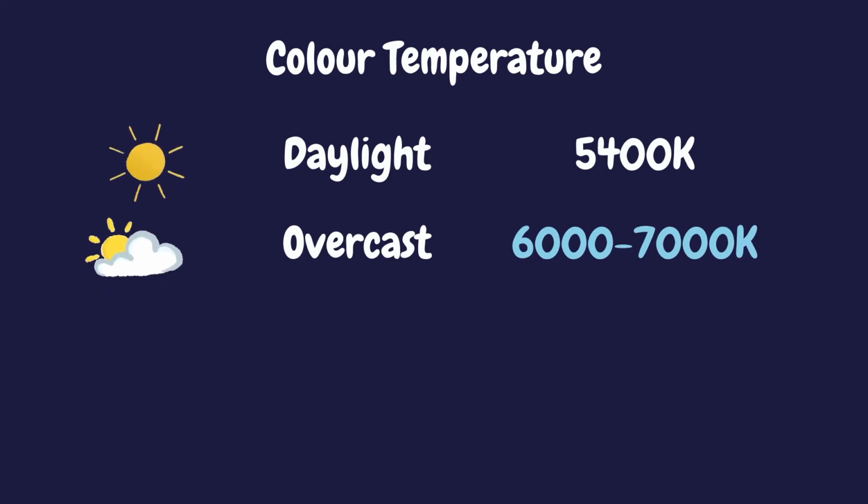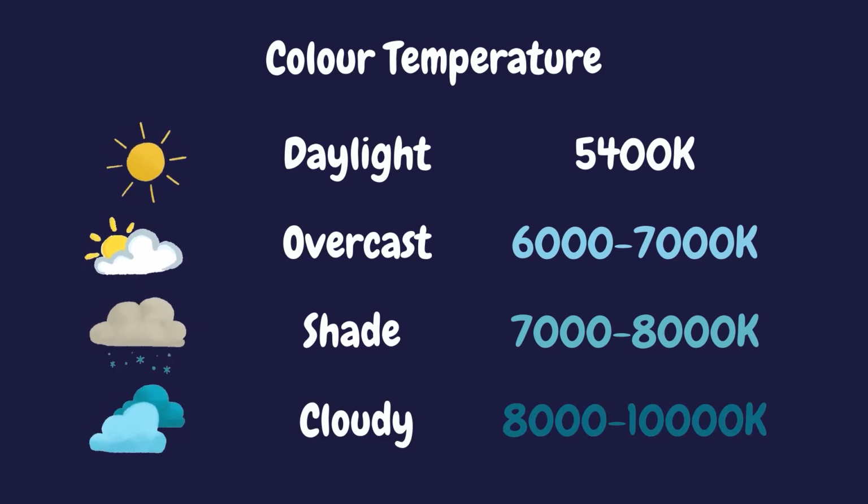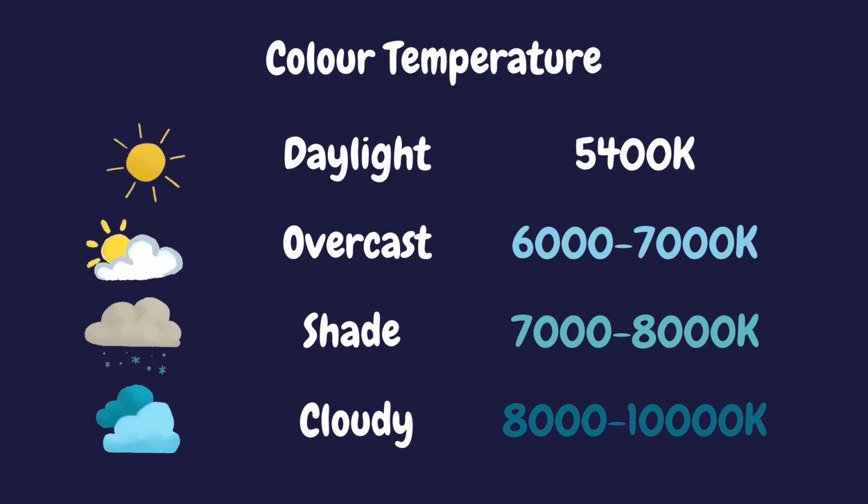Then you have overcast sky, which is slightly bluish, and then comes shade, which is a slightly darker blue than overcast. Then you have cloudy, which is dark blue. So, the color temperature or the color of a cloudy situation is bluish.